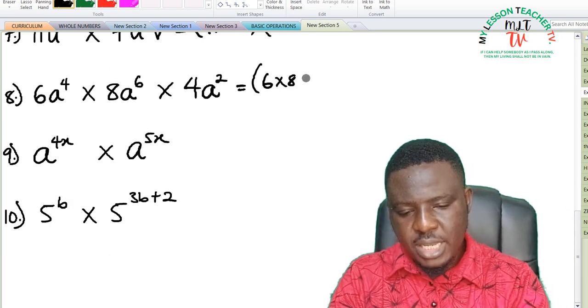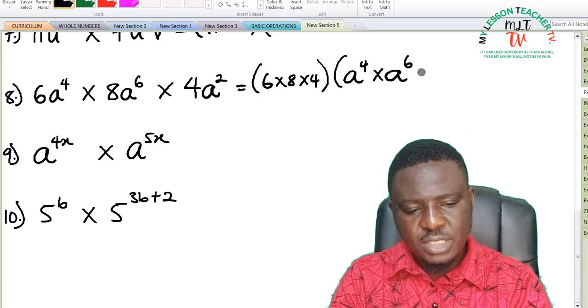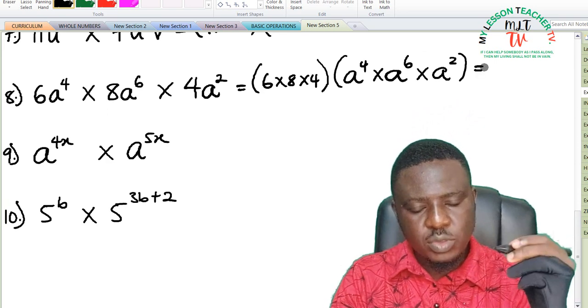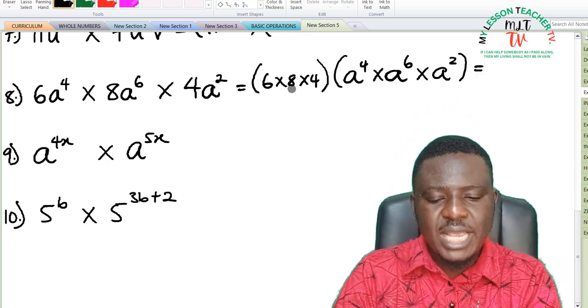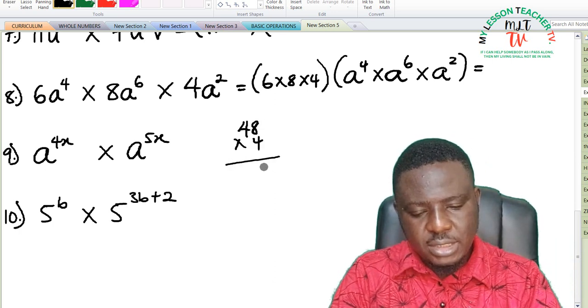Question 8, this will be equal to 6 times 8 times 4 into a raised to the power of 4 times a raised to the power of 6 times a squared, which is equal to 6 times 8 is 48. 48 times 4, 4 times 8 is 32.